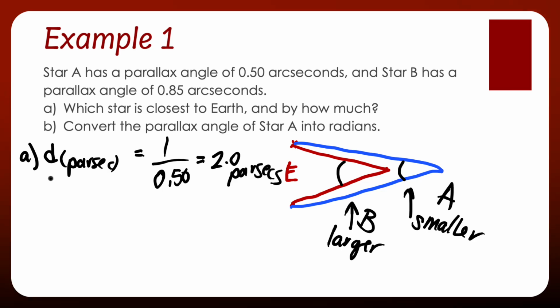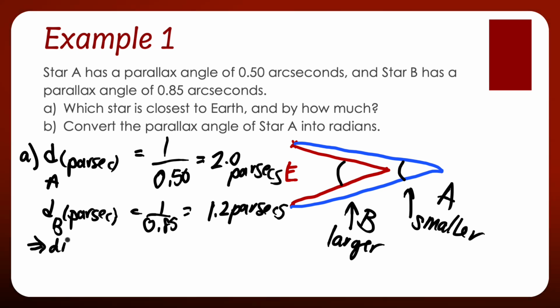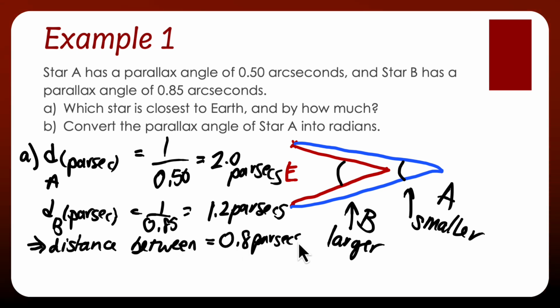That is for A. And for B, the distance in parsecs, 1 over 0.85. That's going to give me 1.2 parsecs. And so the distance between them will be 0.8 parsecs. Now this question doesn't say what units I have to do, so I'm just going to leave it like that.